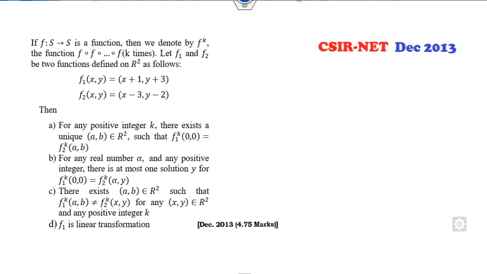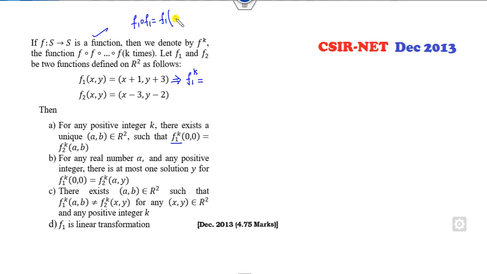Look at this next one. F is the mapping from S to S. Fk is the composition mapping, with F1 and F2 given here. We need the F1 composition and F2 composition. What is the F1 composition of k, F1 circle F1?